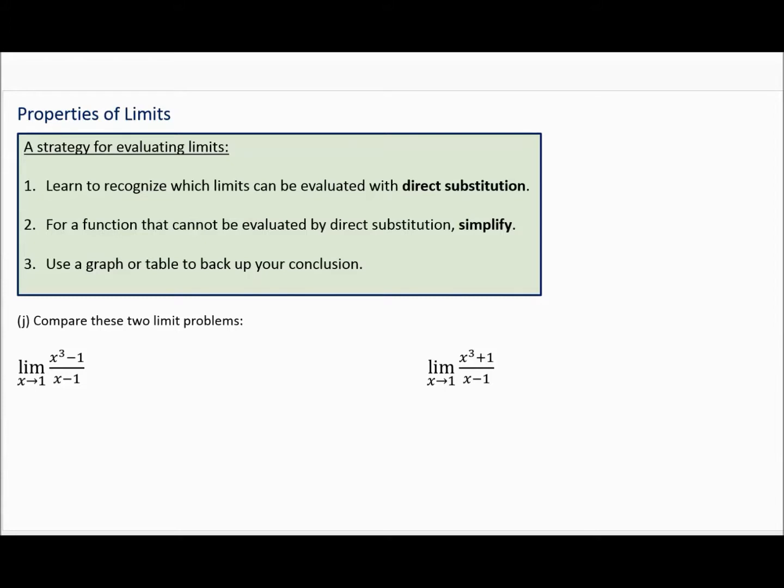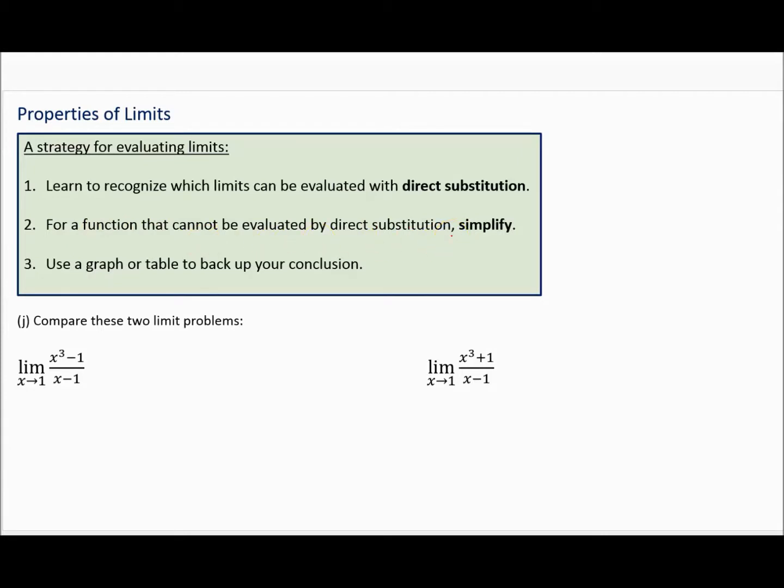It says learn to recognize which limits can be evaluated with direct substitution. So we know that any polynomial can be evaluated with direct substitution. In other words, you take the c value and you plug it in. A rational function can be evaluated with direct substitution unless you get what we got just a minute ago, 0 over 0. Then you should simplify first. So that's what number 2 is saying.